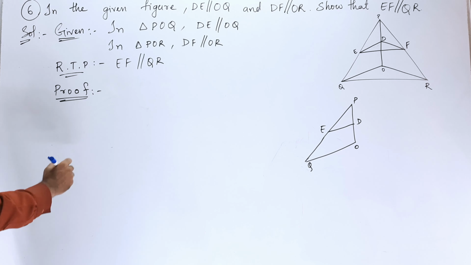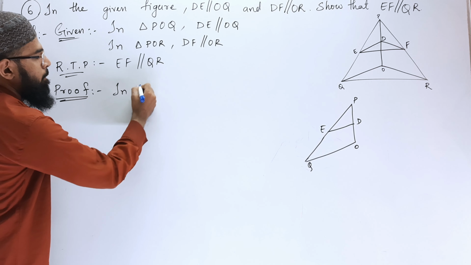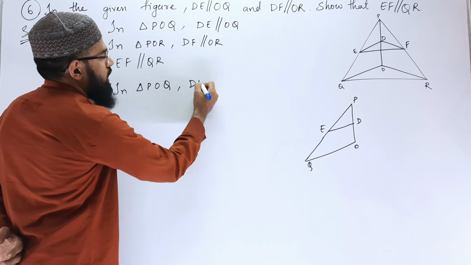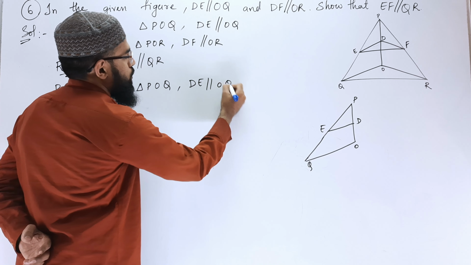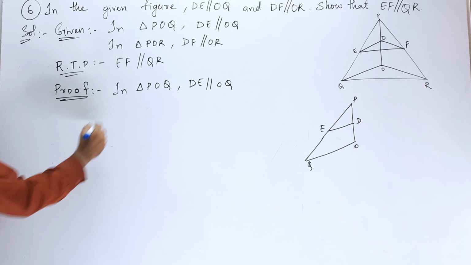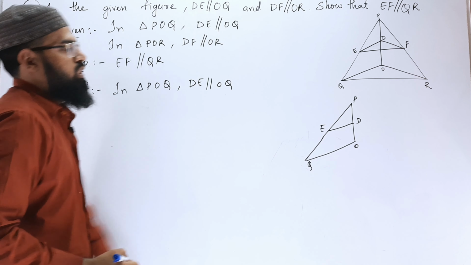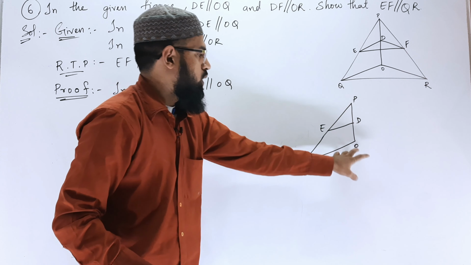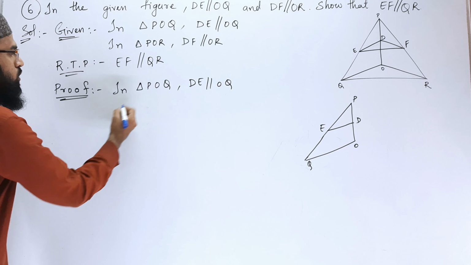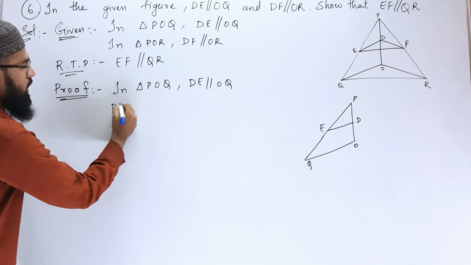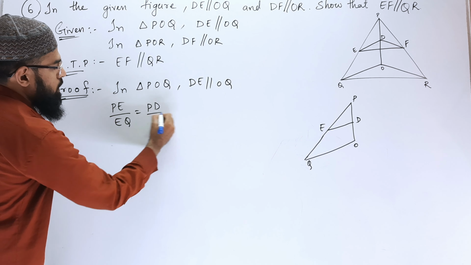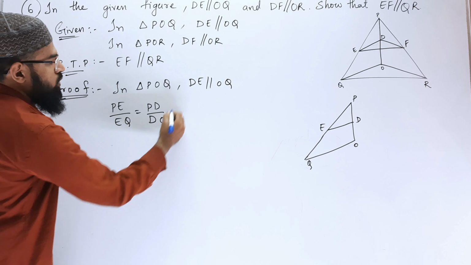So in triangle POQ, we know that DE is parallel to OQ. Then this line is dividing PQ and PO in the same ratio. So we can write PE by EQ is equal to PD by DO.